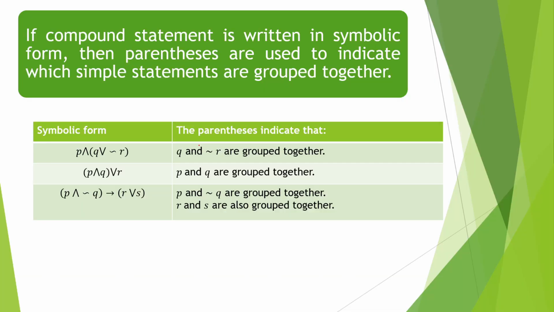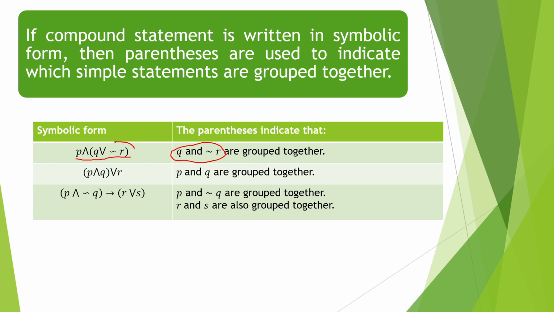If a compound statement is written in symbolic form, then parentheses are used to indicate which simple statements are grouped together. In this symbolic form, the parentheses indicate that Q and not R are grouped together.